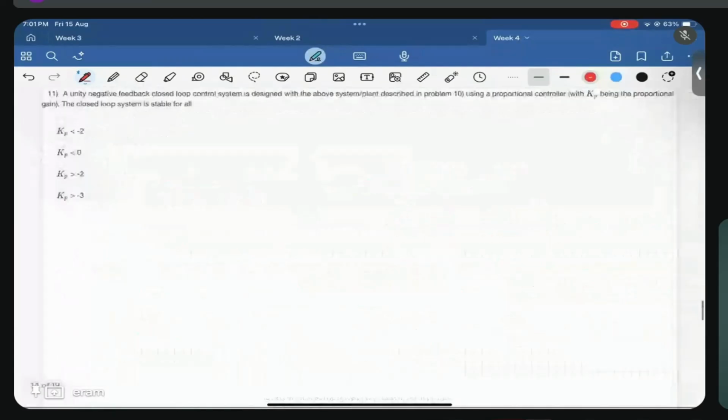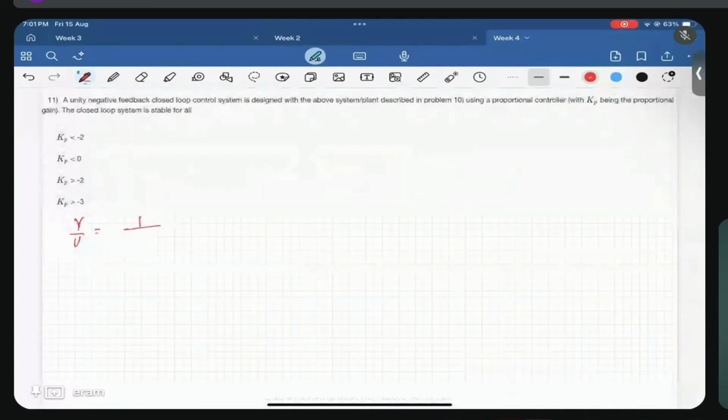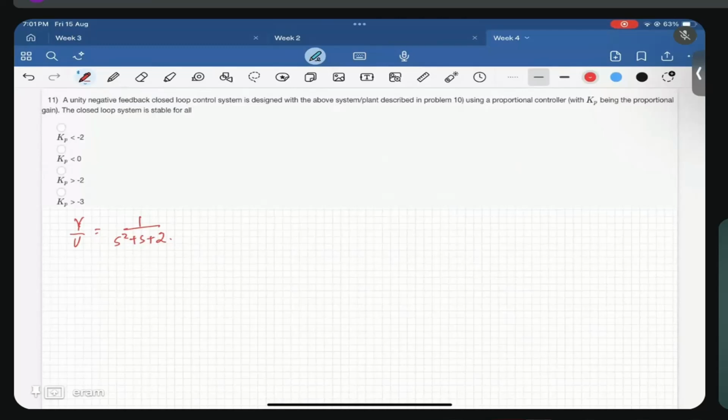Let me write it for you. The controller is a proportional controller, so you have to identify the closed loop system is stable for all Kp of what value.